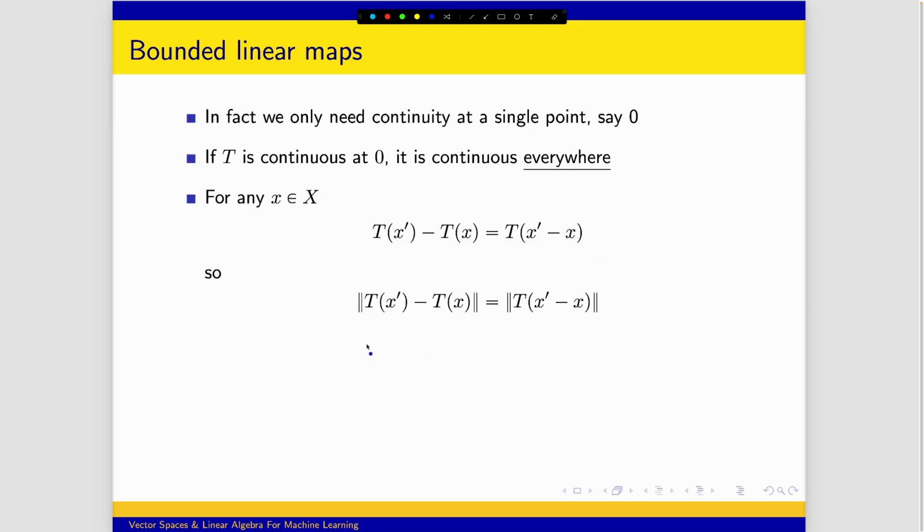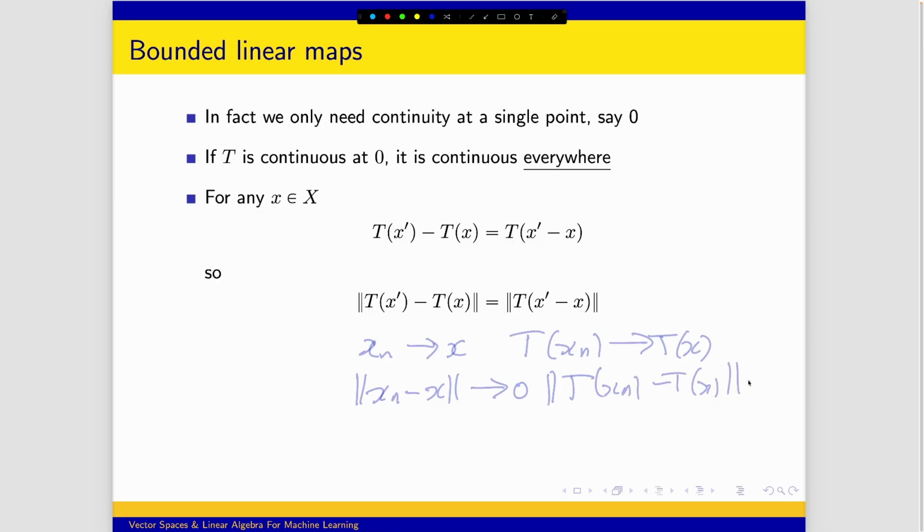So we need to show that if xn converges to x, T(xn) converges to T(x), or xn minus x converging to 0 implies the norm of T(xn) minus T(x) converges to 0. But this is the same as T(xn minus x) converging to 0.